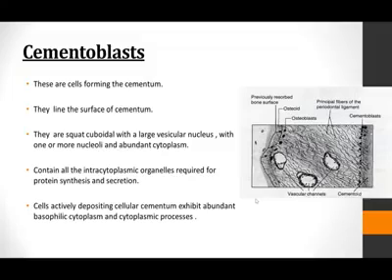The next type of the synthesizing cells within the PDL are the cementoblasts. As the name says, the cementoblasts are the cementum forming cells, and they line the surface of the cementum. These cells are basically squat cuboidal cells with a large vesicular nucleus and one or more nuclei and abundant cytoplasm consisting of all the cytoplasmic organelles that are required for protein synthesis, because obviously an actively secreting cell has loads of protein synthesizing organelles because it has to secrete proteins.